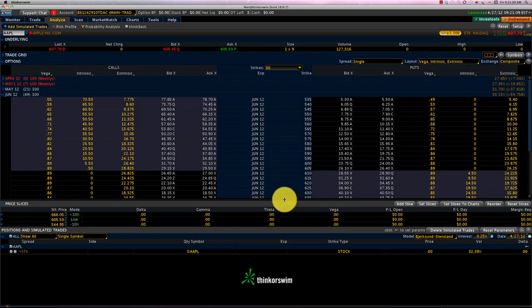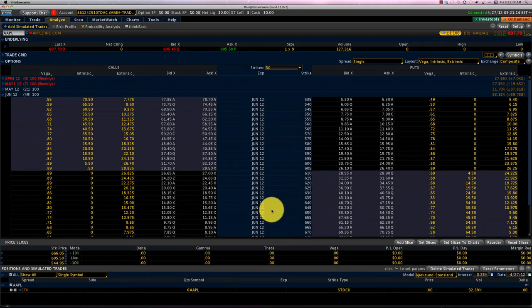If we are a buyer of options, we are long that option. So we could be long a call option and we could be long a put option as well. If we are long a call option, we are bullish, and if we are long a put option, we are bearish. And so the opposite of being long a call option is being short a call option, and the opposite of being long a put option is being short a put option.